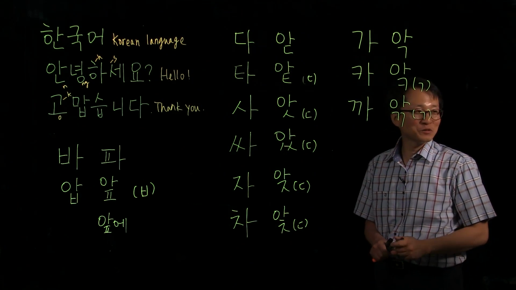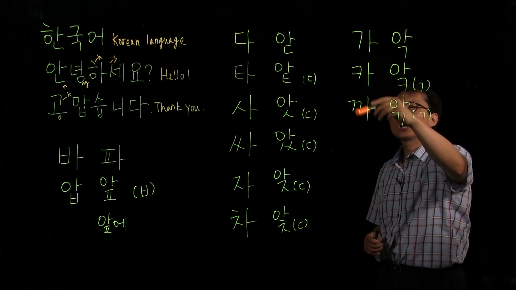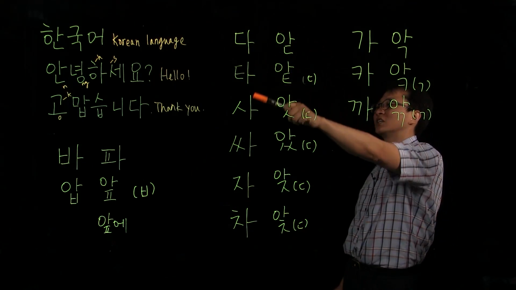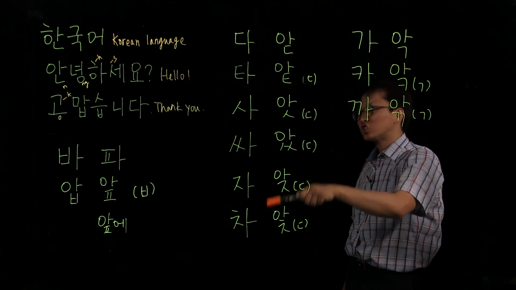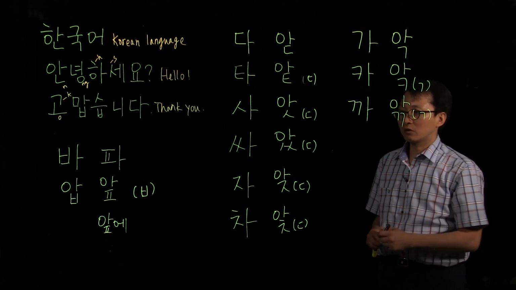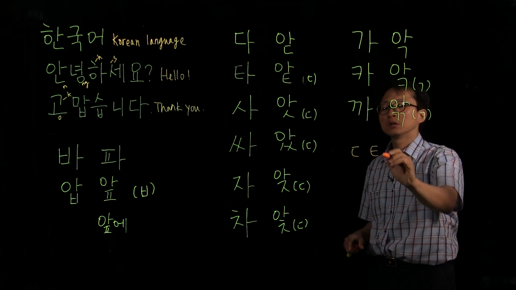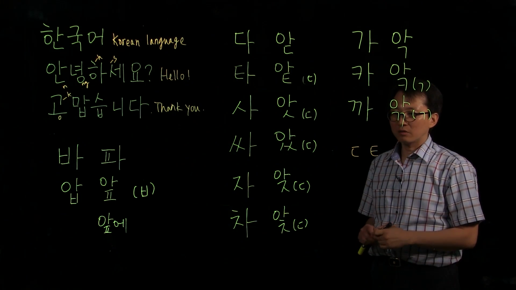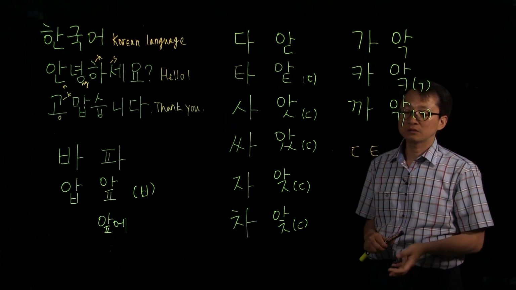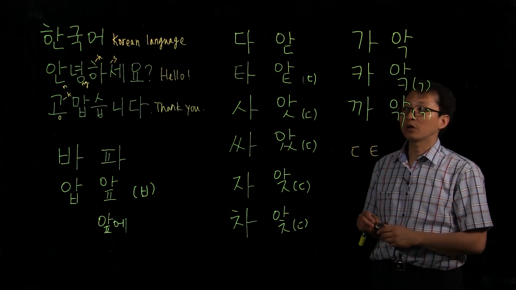So yeah, it's simple. At the syllable final position, g, k, k, they sound the same way, and t, s, ch, ch, they are all pronounced in the same way. And what about the rest of the aspirated sounds and tensed sounds? They are not used at the syllable final position, so you don't have to worry about them.